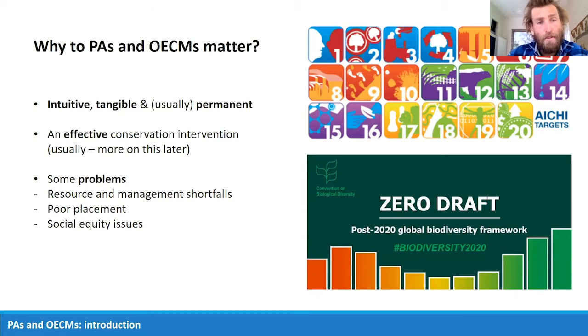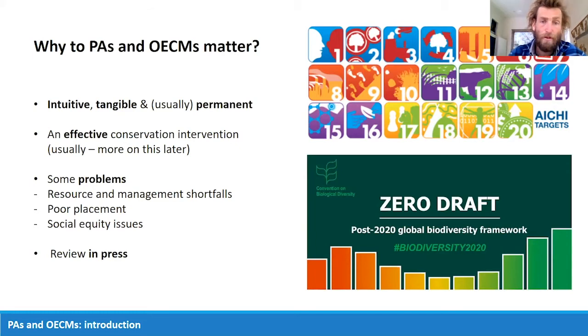So we're motivated to do this work to review these problems, given that this framework will define the next decade of national conservation agendas and planning. Given that area-based conservation is often at the foundation of many national conservation strategies, we want to make sure we learn from our mistakes and make them as effective as possible.